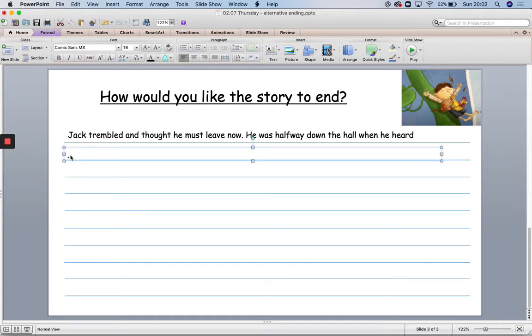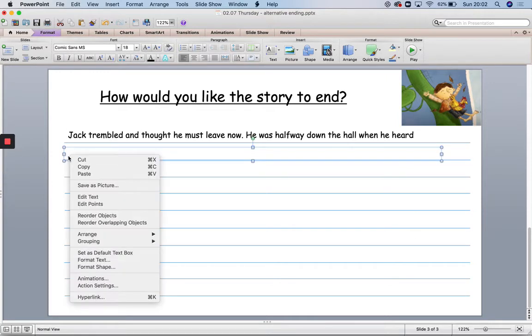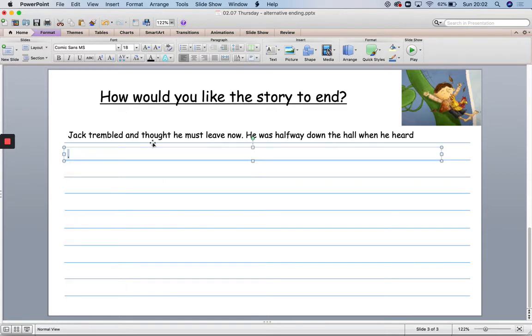So what did he hear? Maybe he heard the giant. I'm going to carry on from the end of the sentence, so that isn't going to be a capital letter because we're finishing off this sentence. He was halfway down the hall when he heard the giant cry out.